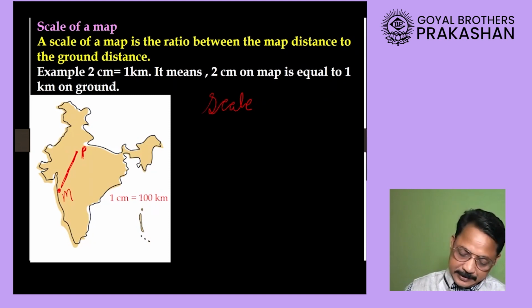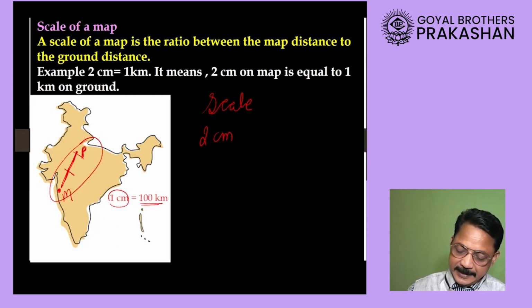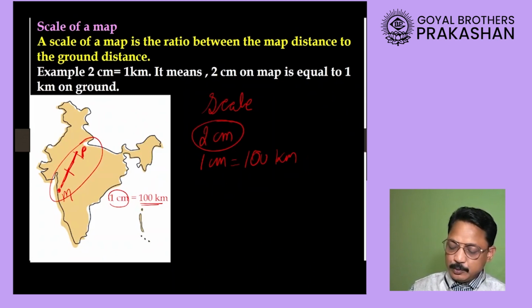Suppose this distance here is, let us say, 2 centimeter on the map. Okay, so will the places be exactly 2 centimeter apart on the ground? Of course not. So suppose on a map it is written that 1 centimeter is equal to 100 kilometer. Then we will say, that means on this map of India, 1 centimeter is equal to 100 kilometer, but on the map I am finding here, suppose the distance is 2 centimeter.